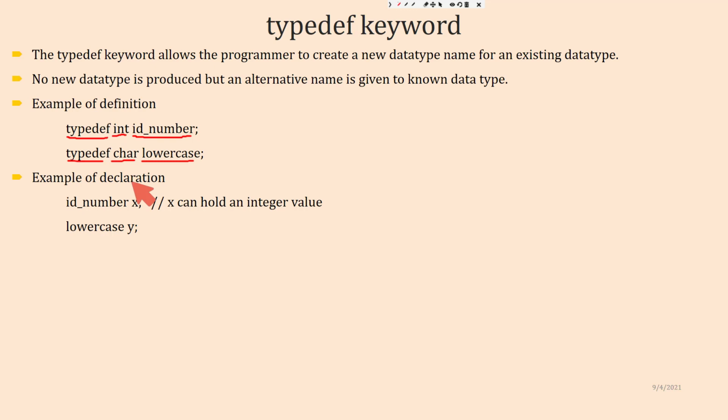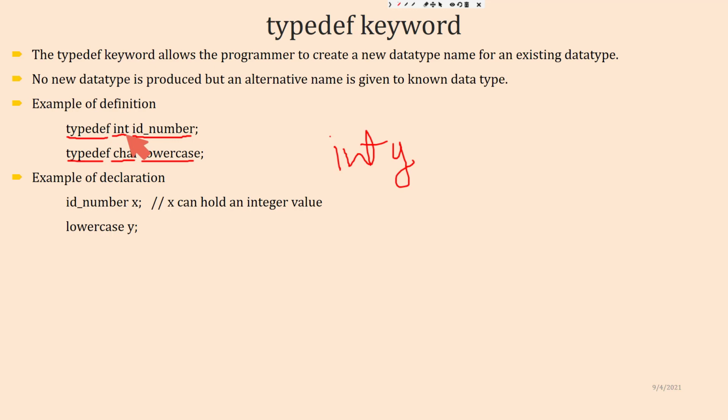So example of declaration. Instead of int x, now I can write id_number x. So in a program, you can use both. If someone writes int y, it is also valid. y can hold an integer value.